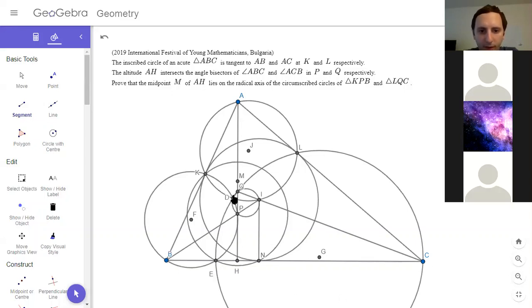So yeah, assuming that HE is equal to HN, we have angle DEN is equal to angle DKN. We want to show that's angle D. We're going to show that's MNE.